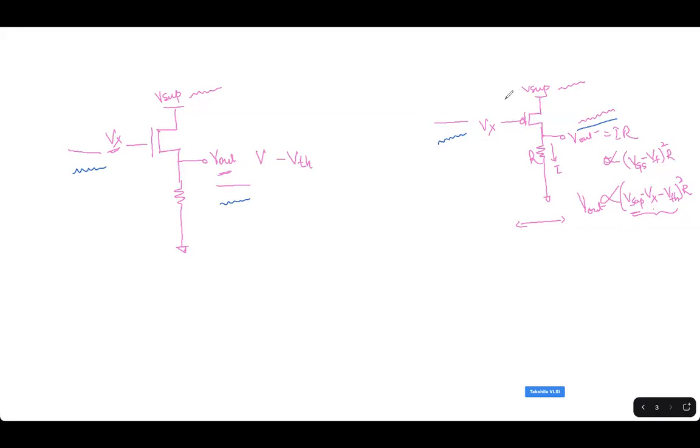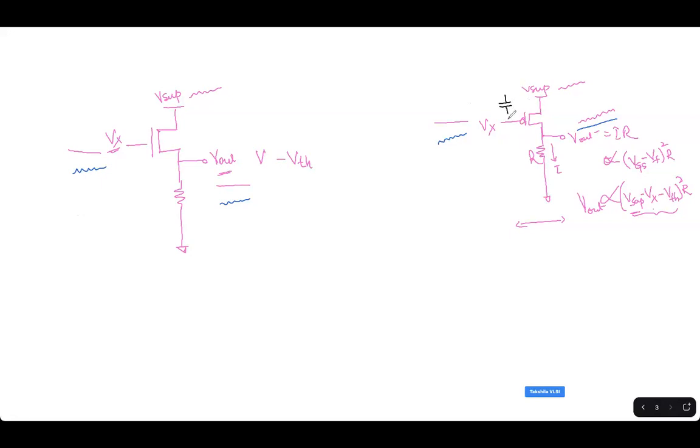What happens if I put an extra circuit between Vx and VSUP which can couple the noise? What can couple the noise at high frequency? Coupling is just a capacitance.